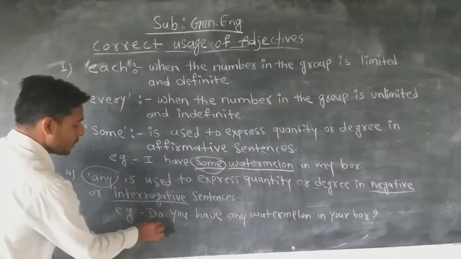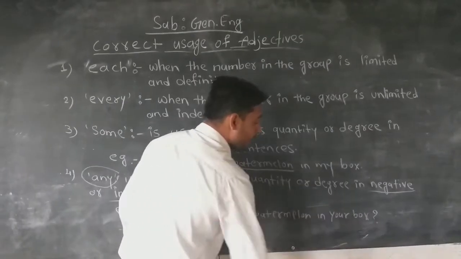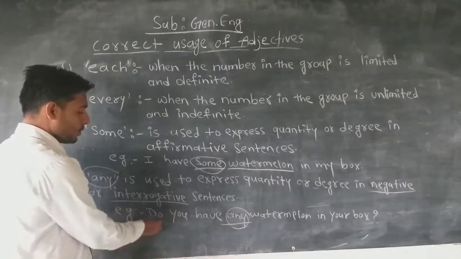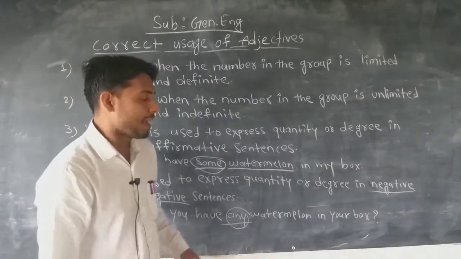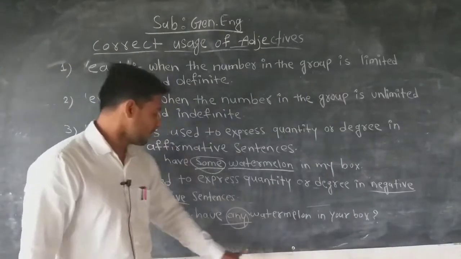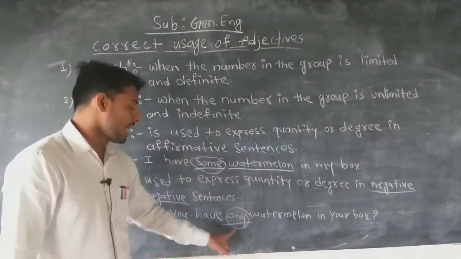For example, do you have any watermelon in your box? So here I use any. Do is a helping verb used at the beginning, so it is an interrogative sentence. In a negative sentence I can also use any.